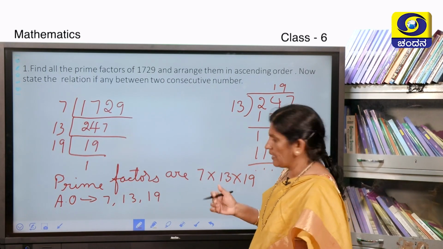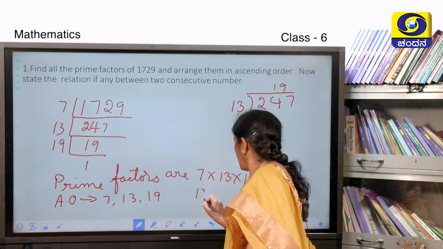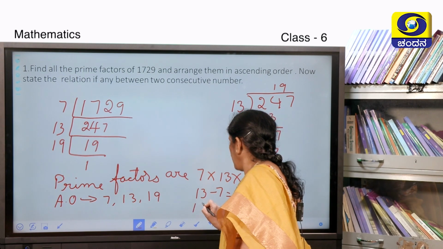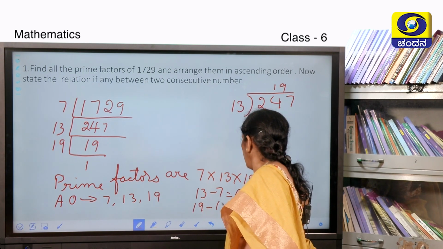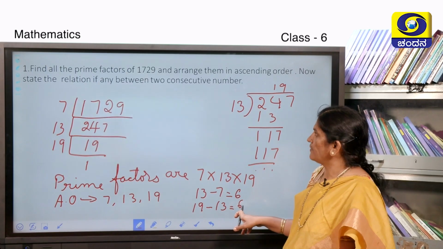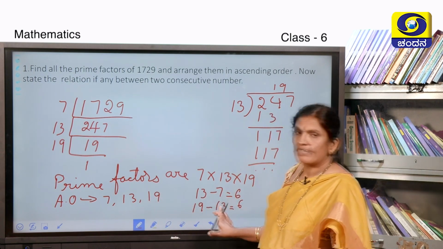Consecutive number means continuous numbers. So, you do here 13 minus 7 is equal to 6, 19 minus 13 is equal to 6. So, relation is if we subtract these two numbers we get 6 as difference.